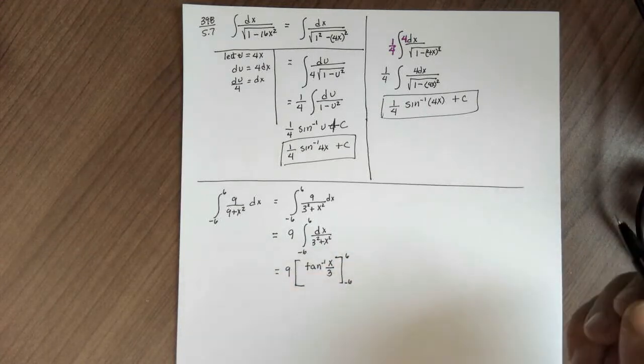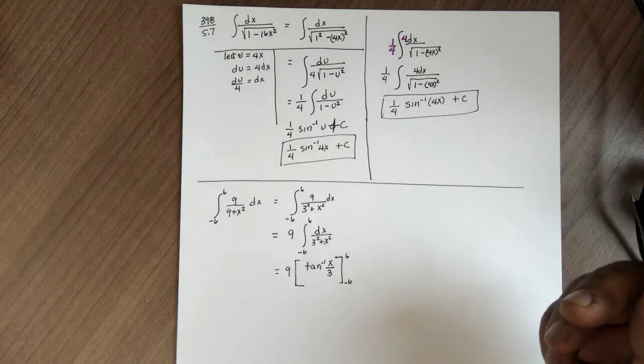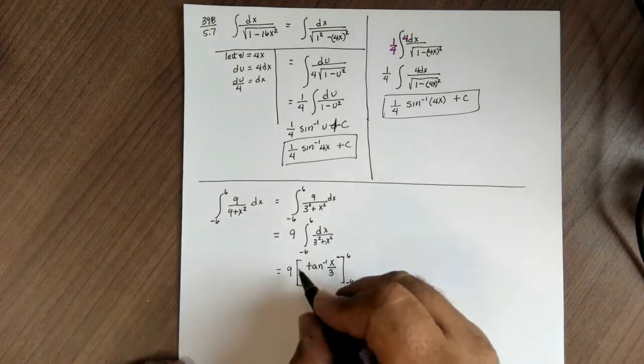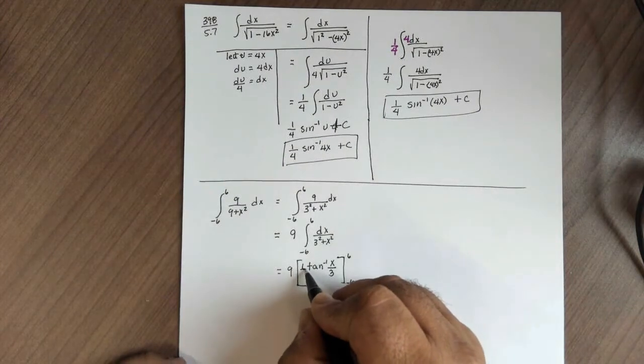You might be thinking, well, why didn't you need a c here? Well, to need the c, we needed to have an indefinite integral, because this is a definite integral. Whatever I pick for c is going to cancel anyway, and I left out the 1/3 here.